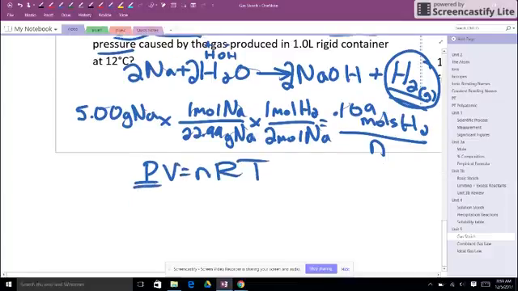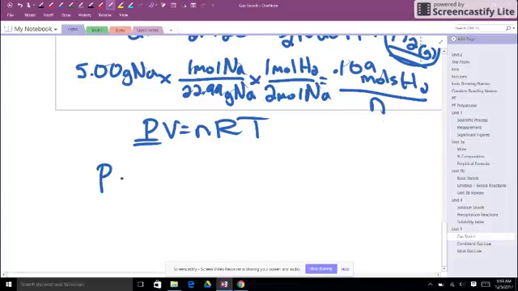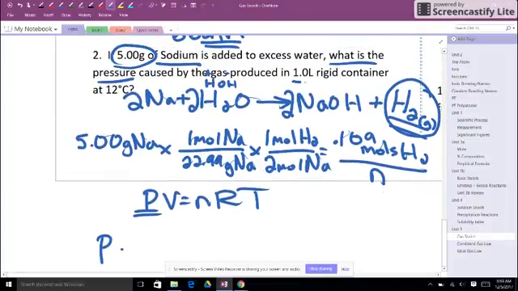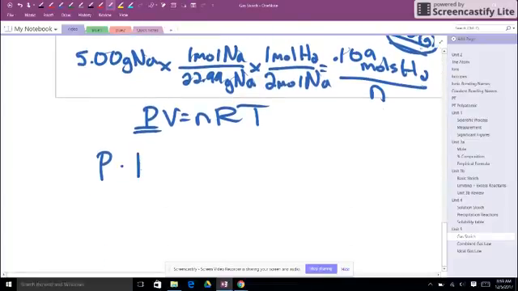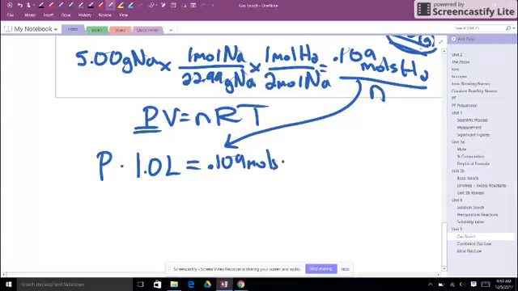Okay, now that we have moles, which is n, we can use PV=nRT to solve for that pressure. So pressure times volume, it says this is happening inside a 1 liter flask or 1 liter rigid container. Here is our moles. Let's go ahead and plug that in down here, 0.109 moles. It didn't specify the units. I'm just going to use 0.0821 again.